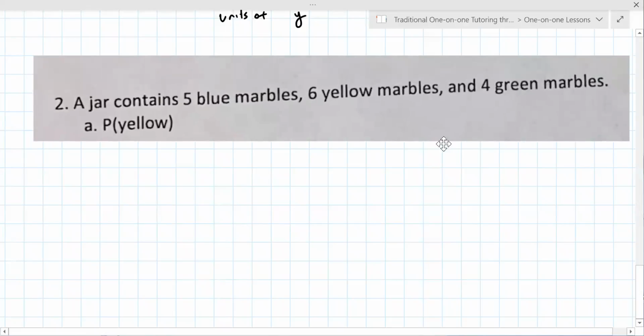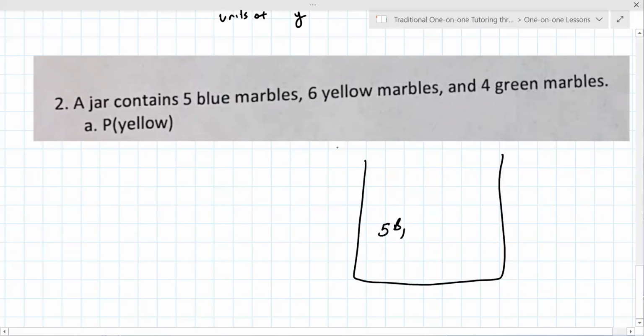All right, a jar contains 5 blue marbles, 6 yellow marbles, and 4 green marbles. I don't know why they always choose these marble problems, but they're pretty good for trying to understand. There's a jar with, if you can imagine, 5 blue, 6 yellow, and 4 green.